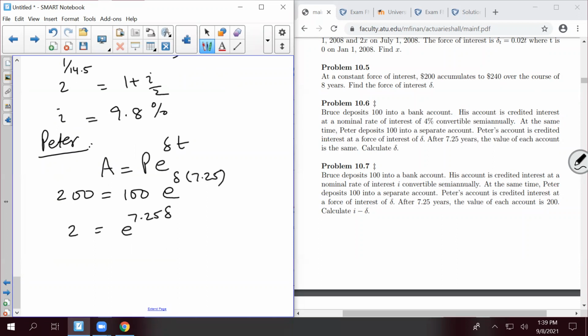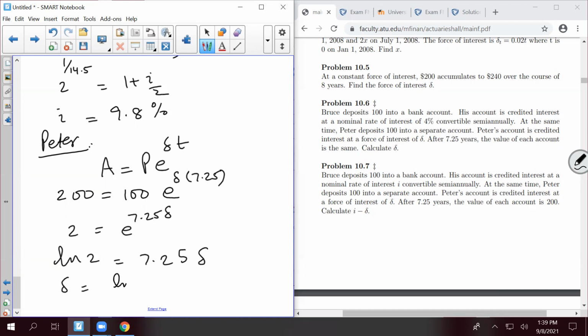And how do we get delta from here? Pre-calculus. Take ln of both sides. ln 2 equals 7.25 delta.